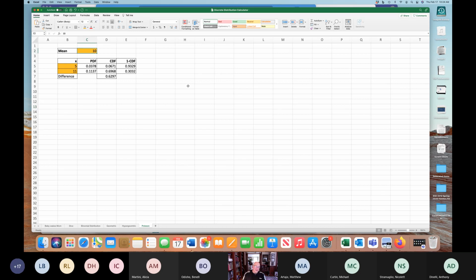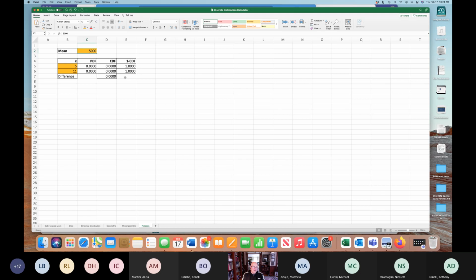If I make the mean 5,000, all these are going to be 0 and 1, because 5 and 11 are so far away from 5,000 that the probability of something happening at 5 or 11, if the mean is 5,000, is never going to happen. So it's got to be close to that.